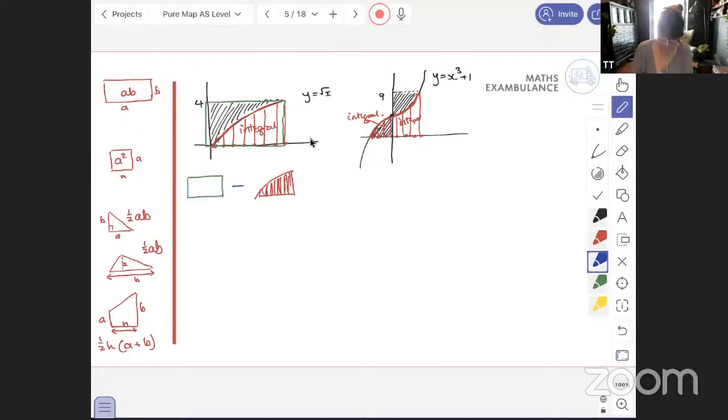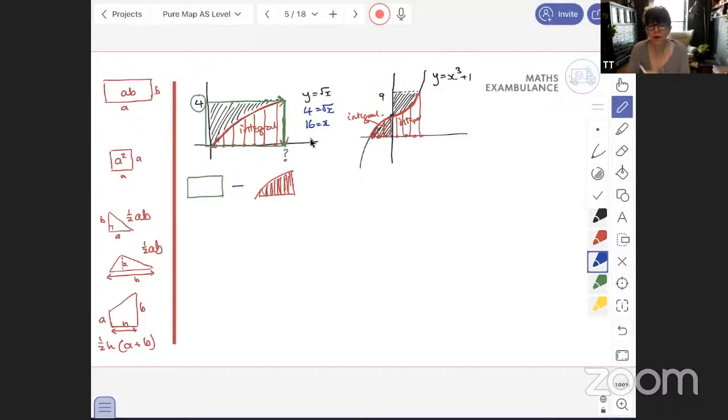Same thing as always now. Okay, so we're going to be doing some extra jobs at the beginning of integration, always extra jobs. So the extra jobs in this case will be like, I don't know what this is, but I do know that y is 4 at that point. So if I go into the equation and put 4 is the square root of x, then I get the x.